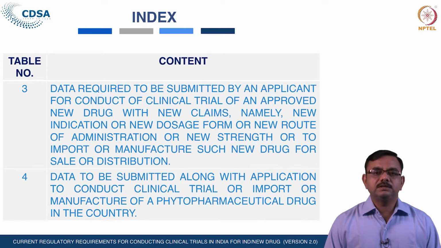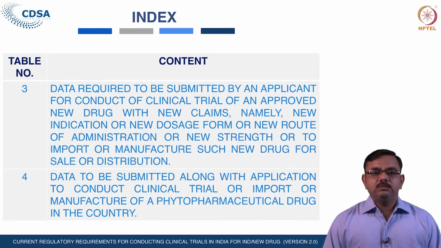For example, if the tablet is approved and the applicant desires to manufacture a capsule, or if it is a different strain, whether that kind of dosage form or strain is available in the international market or not, that regulatory status has to be given. Then the proposed package insert for that particular modified drug is required to be given.